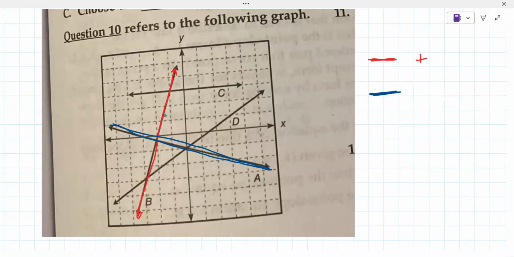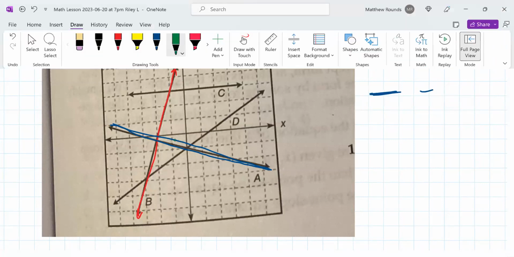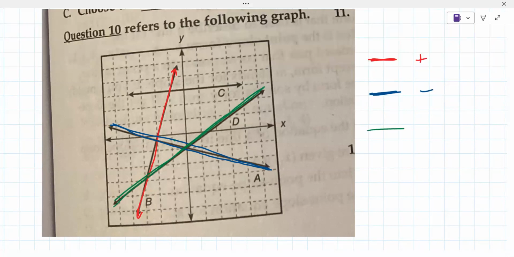Positive or negative slope? Negative. Okay. Let's look at the one in green. Positive or negative? Positive? Okay. And it goes up and to the right.